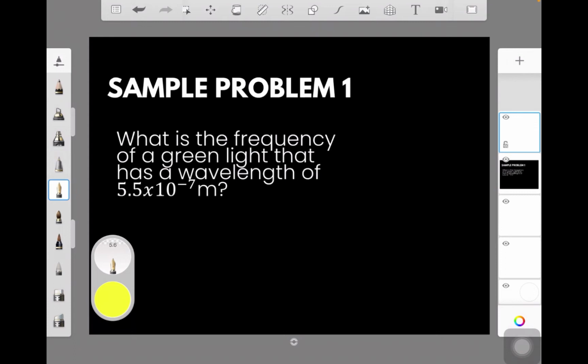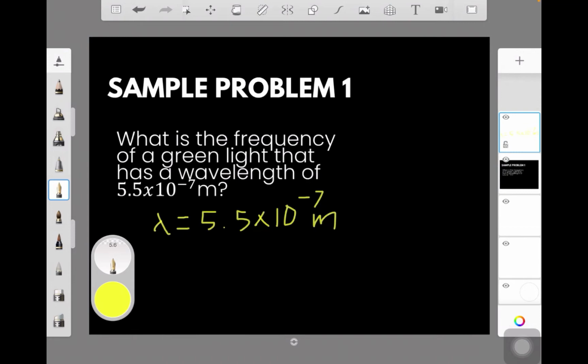Just like our usual approach, we will write the given. So in this sample problem, we have the lambda, or the wavelength, which is given to be 5.5 times 10 raised to negative 7 meters. Then it's not written here, but it's implied that we will use the concept of the speed of electromagnetic waves.